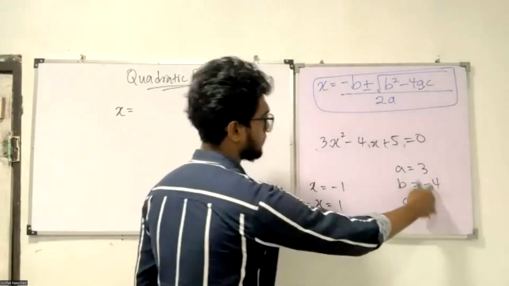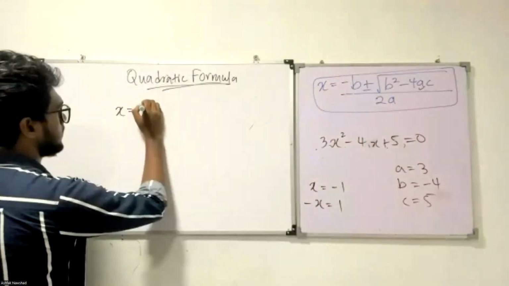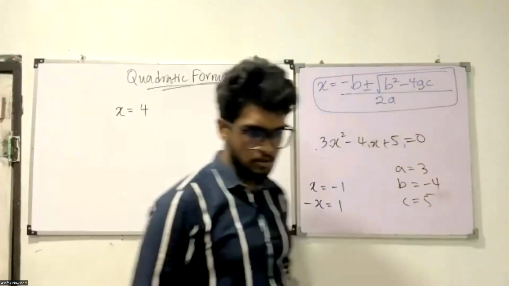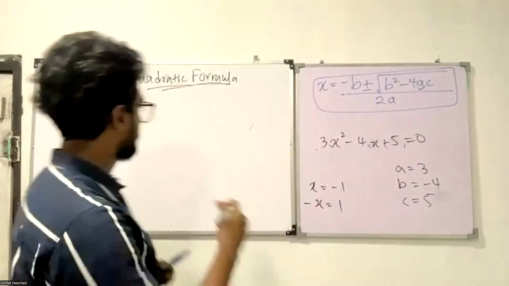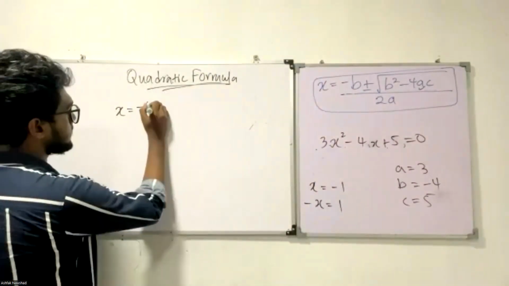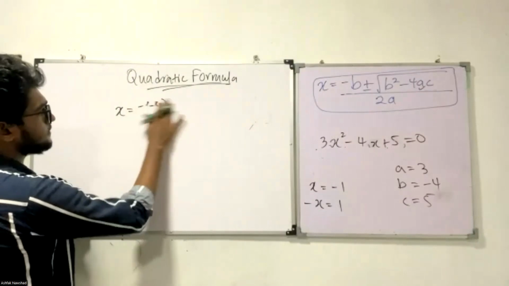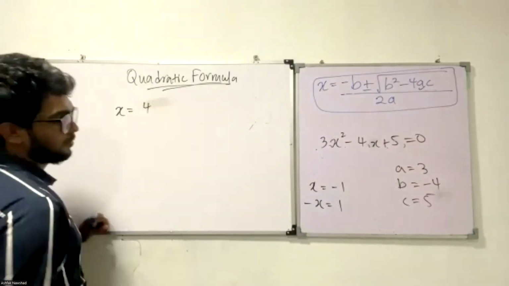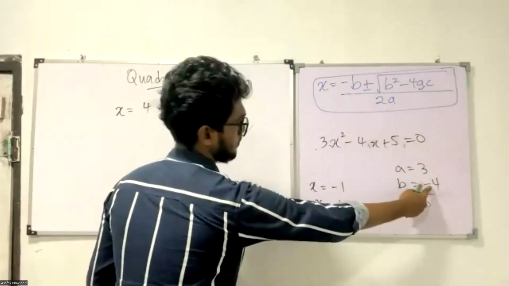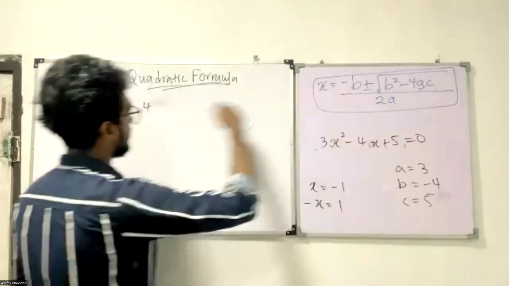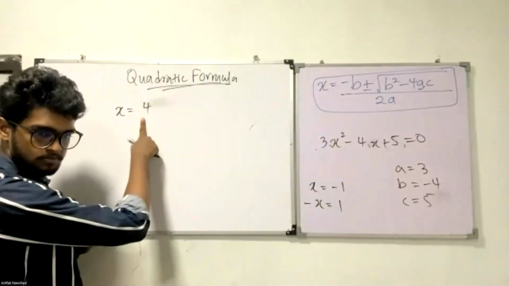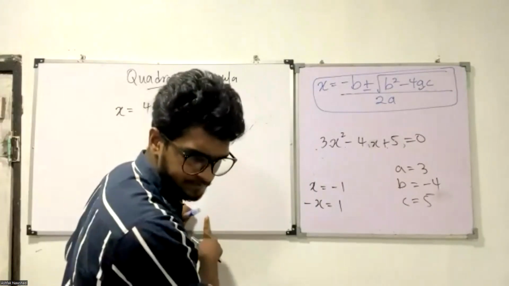So if B is minus 4, minus B is just 4. Minus into minus becomes plus. It's just 4. Correct? Due to B being negative here, the negative version of B is positive.